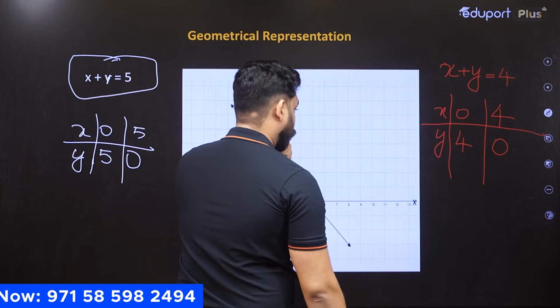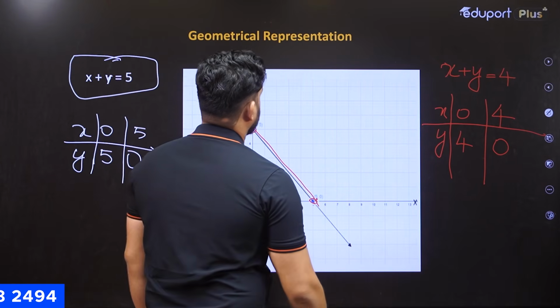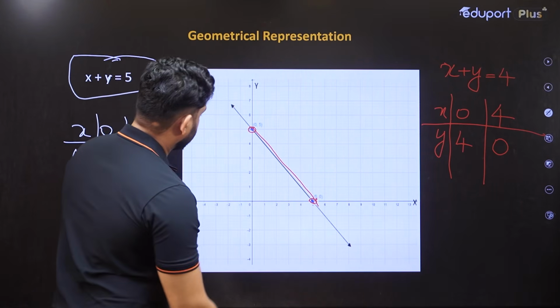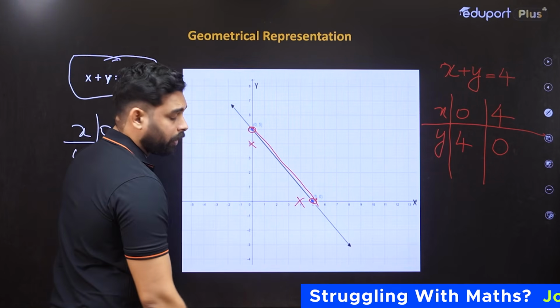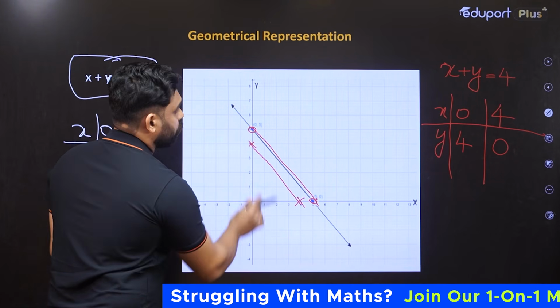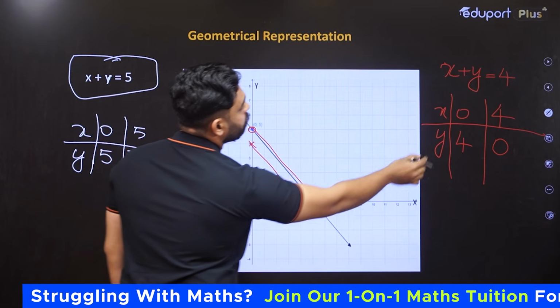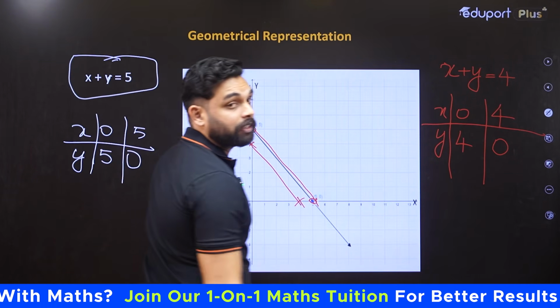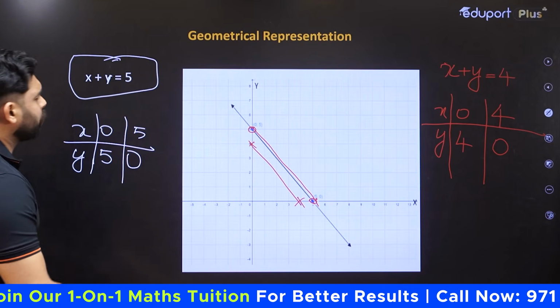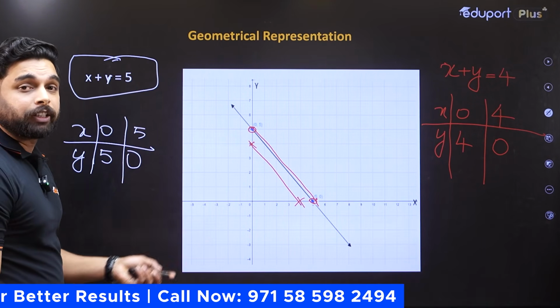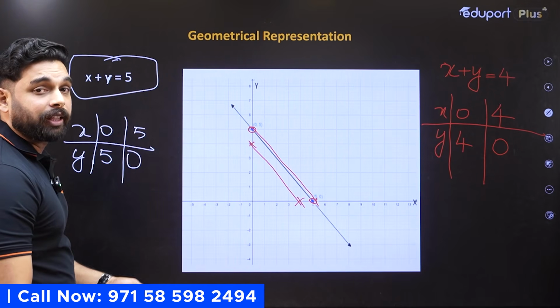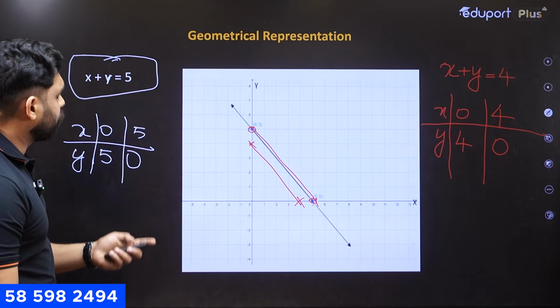So 0, 4 and 4, 0 will be our line. If you join them, this will be the graph of the equation x plus y is equal to 4. Similarly, for the other equations with two variables also, you can find the answers by substituting the values.